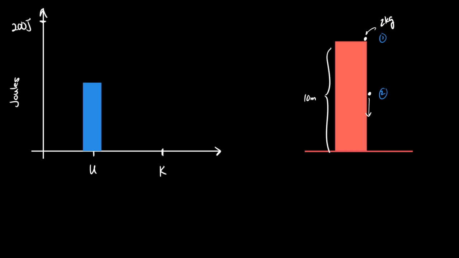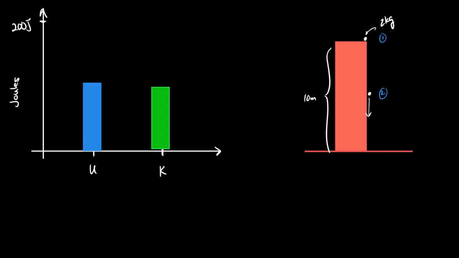But the total energy has to be 200. So where's that other energy going? I think these are silly little bar graphs, but they've shown up on exams before. Like you're having to say which of these bar graphs would represent the energy in the system right now. Well, this would be the bar graph that would represent the energy in the system right now.